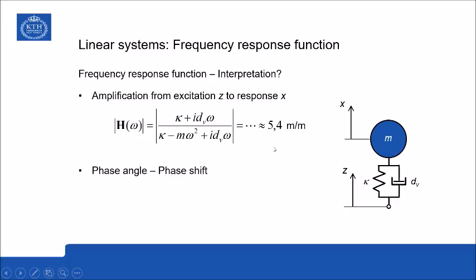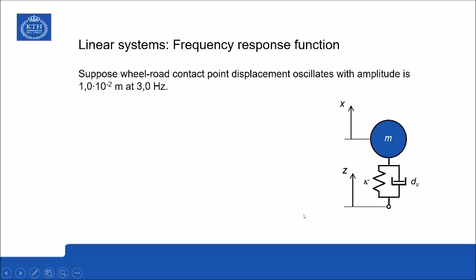And the phase angle, the phase shift, phi here: the phase of a ratio between two complex numbers is the difference between the phase angles of the numerator and the denominator, which is this. And if we introduce the parameter values and calculate, we find that in this case it will be roughly 1.42 radians. So suppose now that we have a wheel contact point with a displacement z that is forced to move with 1 centimeter amplitude.